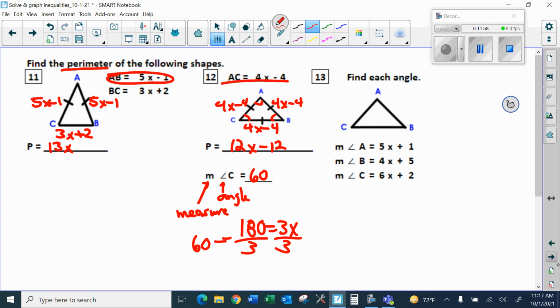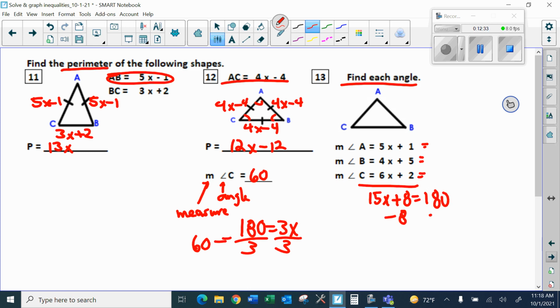They're all congruent. Lastly, I give you the angle measures right here. So there's angle A, angle B, angle C, and it says find each angle. We first have to solve for x, then plug it back in. I know all the angles add up to 180 for a triangle. So I just add all this up. 9x, 15x plus 8 equals 180 degrees.